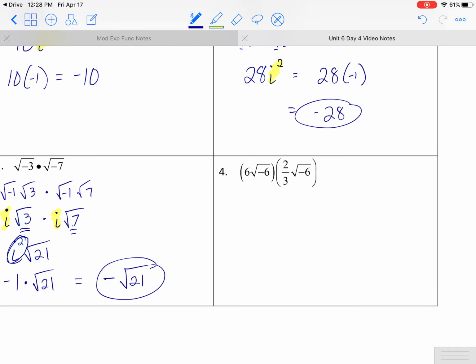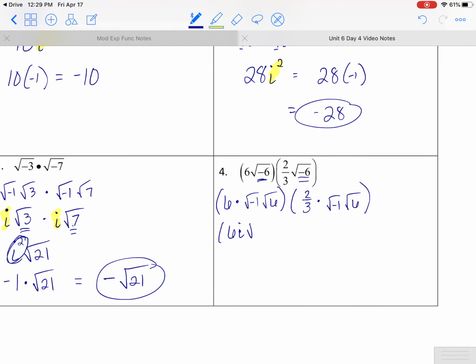Why don't you pause the video, give number 4 a try by yourself, and then play it again to see how you did. All right, so if I go through and simplify my radicals, the square root of -6 is not a perfect square. So I'm going to split up the square root of -6 into the square root of -1 and the square root of 6.